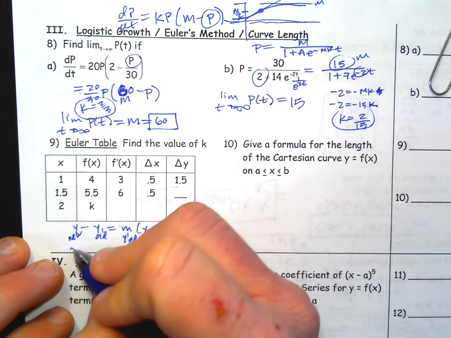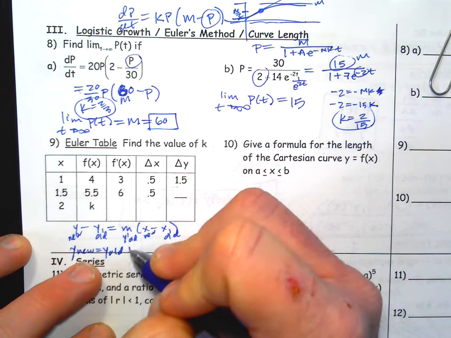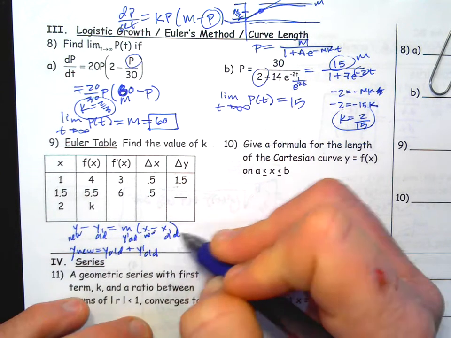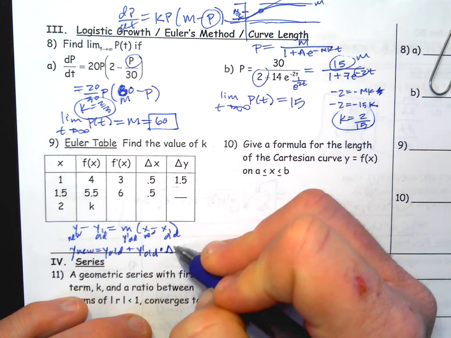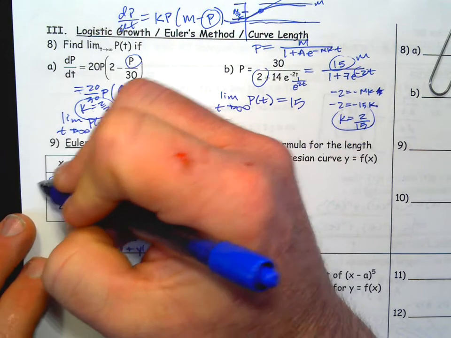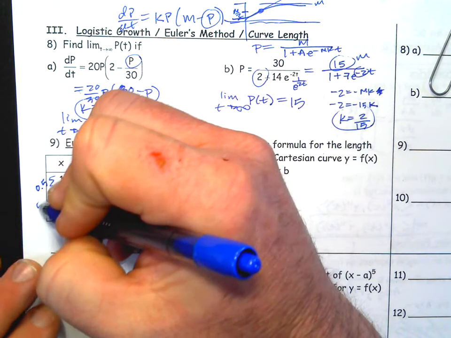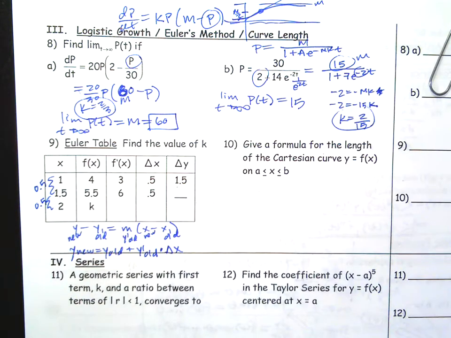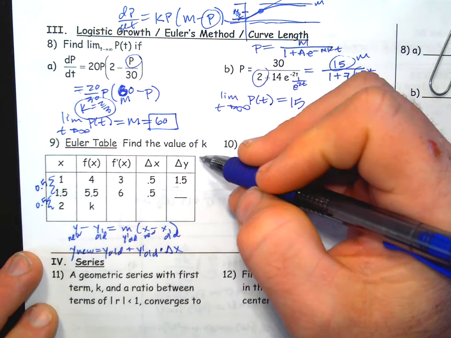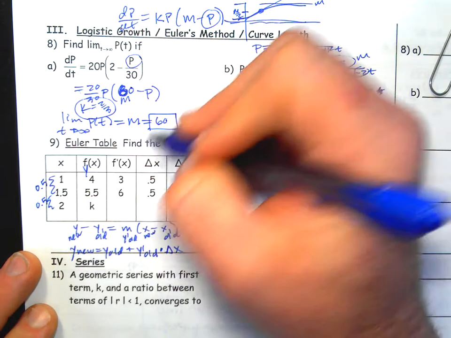Now, if we solve this, y new equals y old plus y prime old, and then x new minus x old is delta x. It's usually consistent. So here, there's a table already kind of filled out. You could figure out that the delta x is 0.5, and it could be negative sometimes, by the way, too. Actually, yeah, delta x is 0.5. And so this is the y value right here, right?